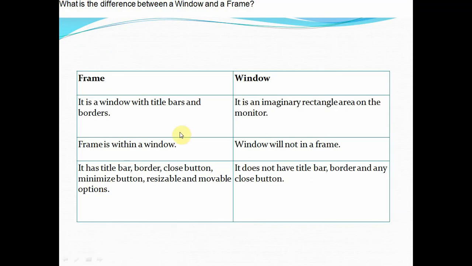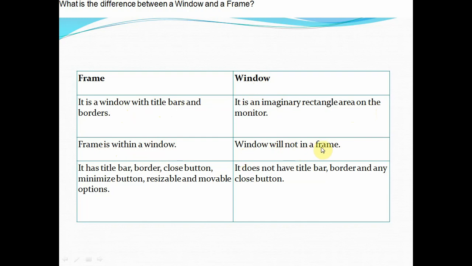Now we'll briefly discuss the difference between a frame and a window. Frame is a window with title bar and borders, whereas window is an imaginary rectangular area on the monitor. Frame is within a window, so that means frame is part of the window.